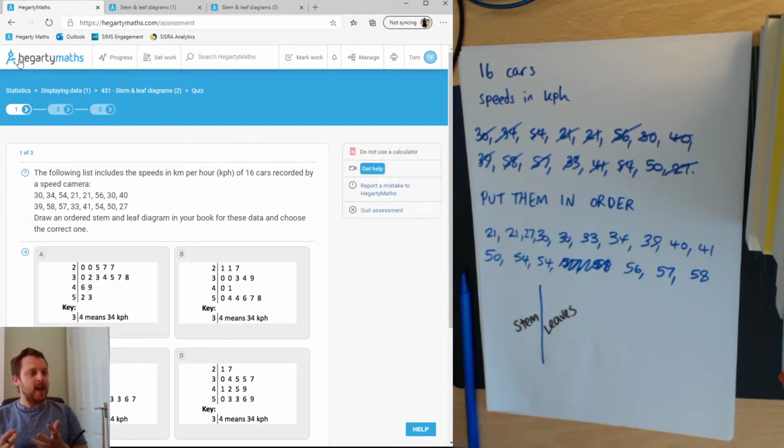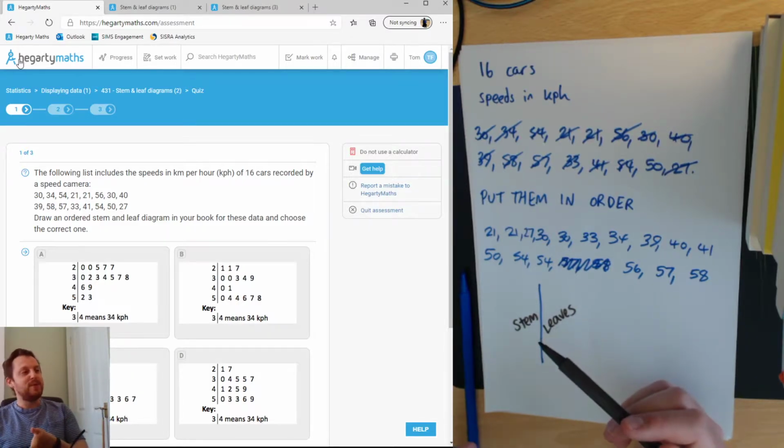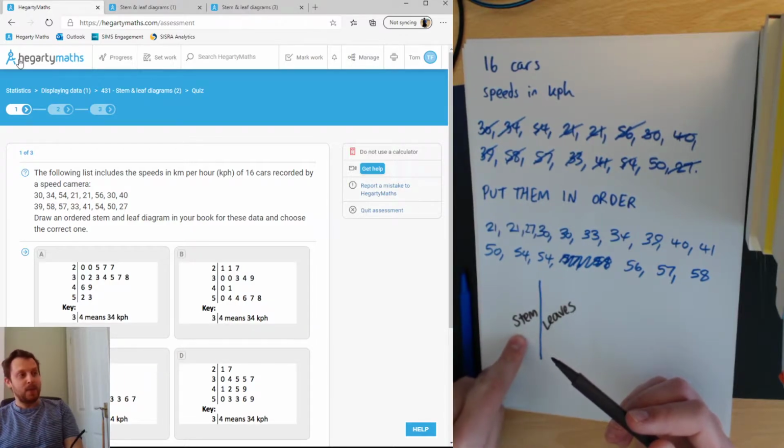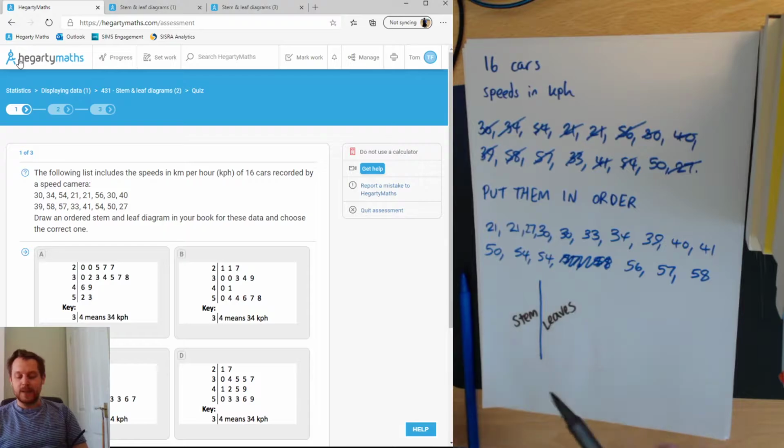The stem is the main part, the most significant part. If you removed the stem from a plant, the plant is dead. If you remove some of the leaves, it's not good, but it's not as significant as the stem. So the stem is the more significant part, and that plays directly into this.